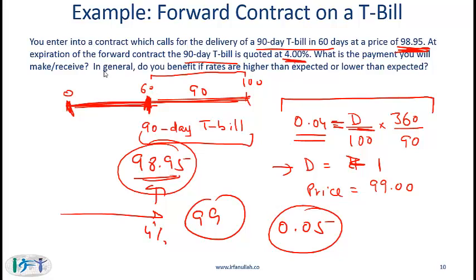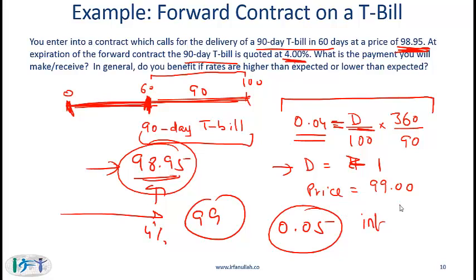The next part of the question is, in general, do you benefit if rates are higher than expected or lower than expected? If the contract is set up this way, where you have locked in a given price, then think about what happens to the bond price with different rates.